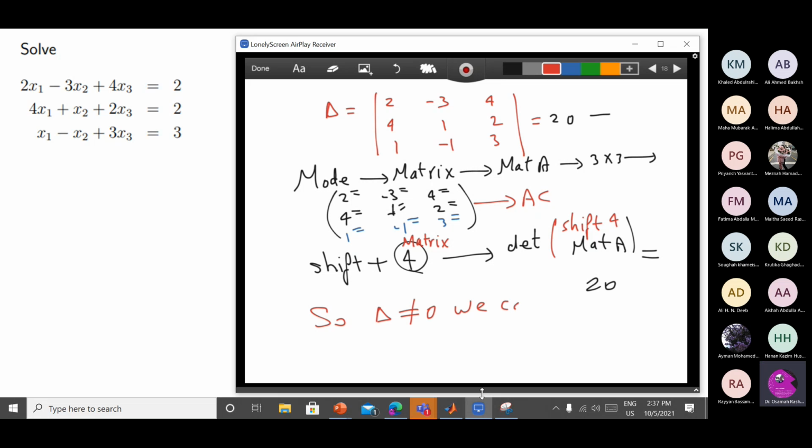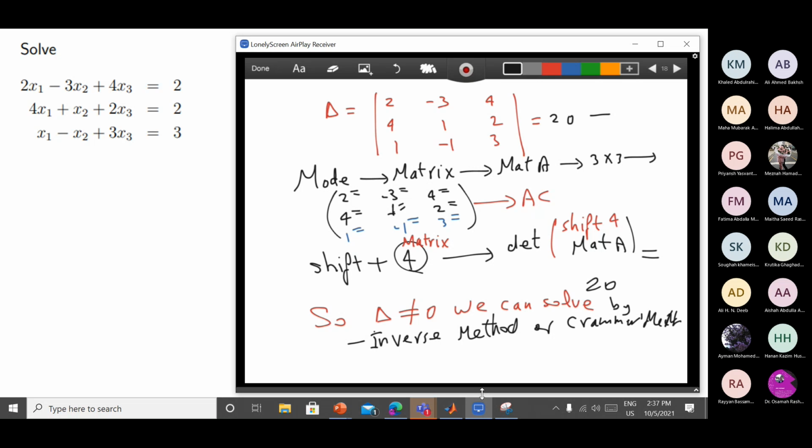We can solve the system of equations by the inverse method, or Cramer method, or also by Gauss eliminations.